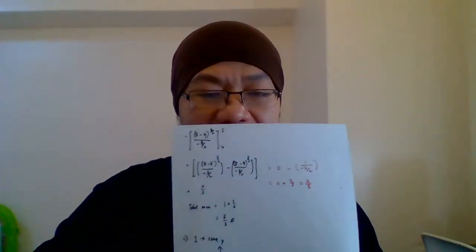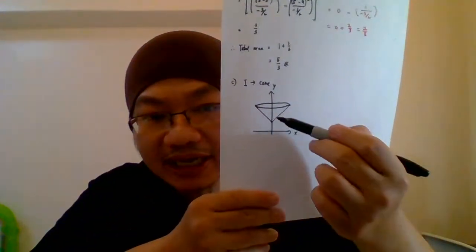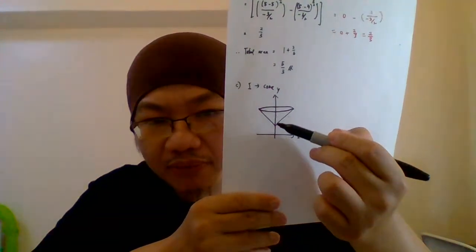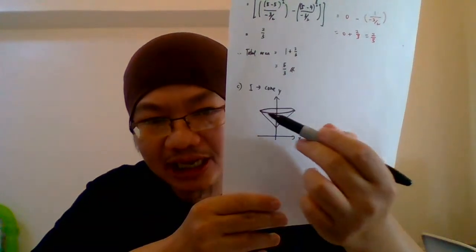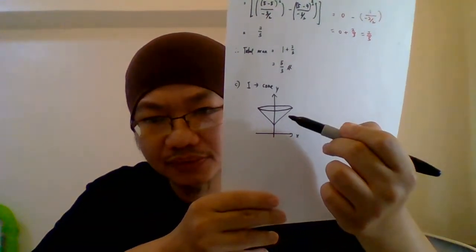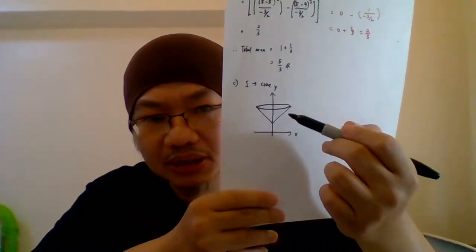So I split the diagram. I show you the first diagram dulu. This is the first diagram. Actually it is formed from the right angle triangle. When the right angle triangle rotates, it becomes a cone.